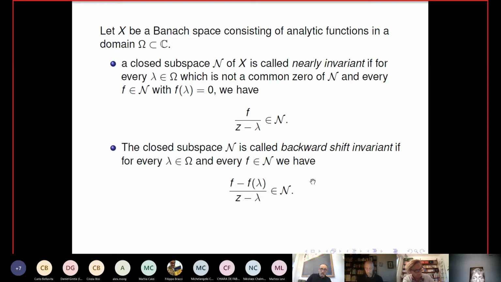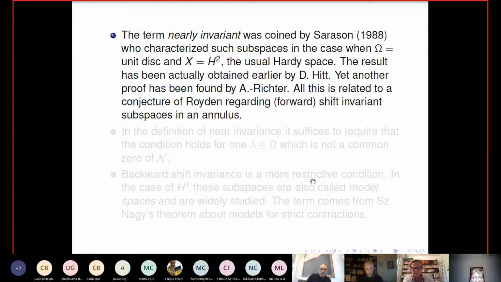This near invariance is a term coined by Sarason. This was the time when Royden and Heath described all invariant subspaces of multiplication by z in an annulus, and it involved nearly invariant subspaces of the Hardy space H2.